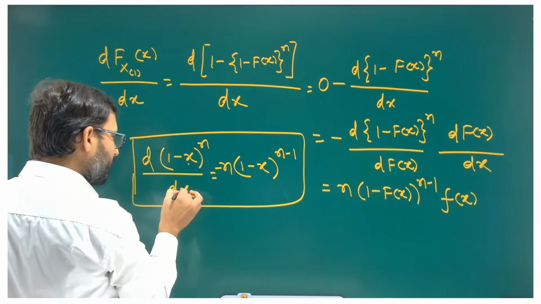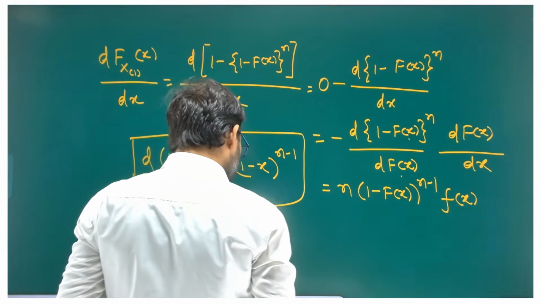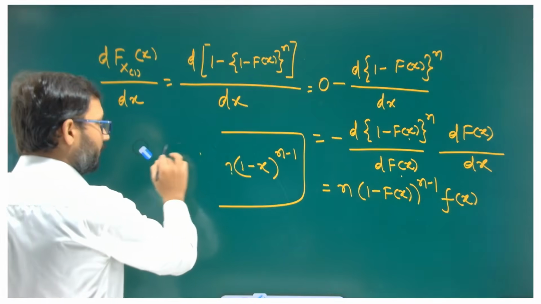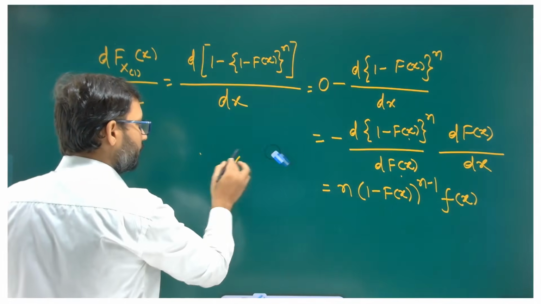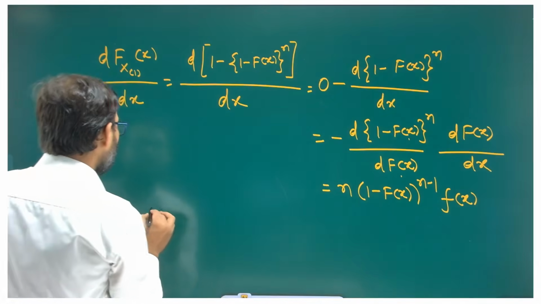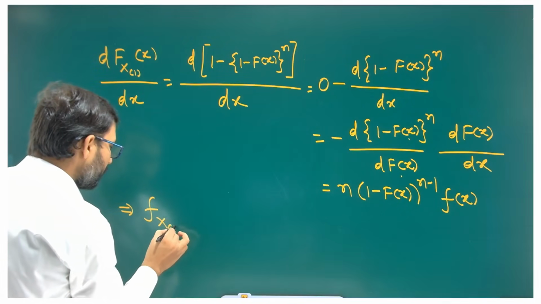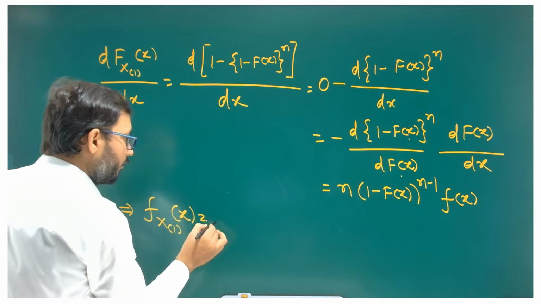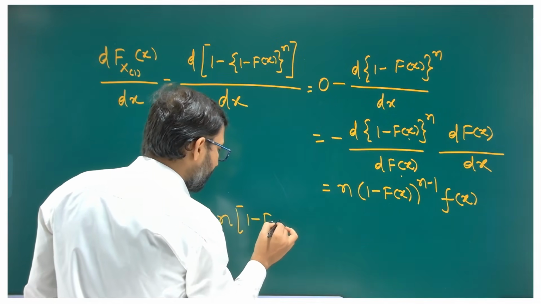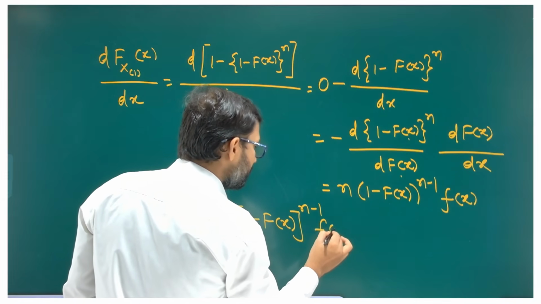In the same way as I have done here, here it was x, then it was x, here it was f(x), then it is f(x). There is no issue. Now I am erasing this one so that you may not get confused. So we have found that f x1(x) is n times 1 minus capital F(x) to the power n minus 1 times small f(x).